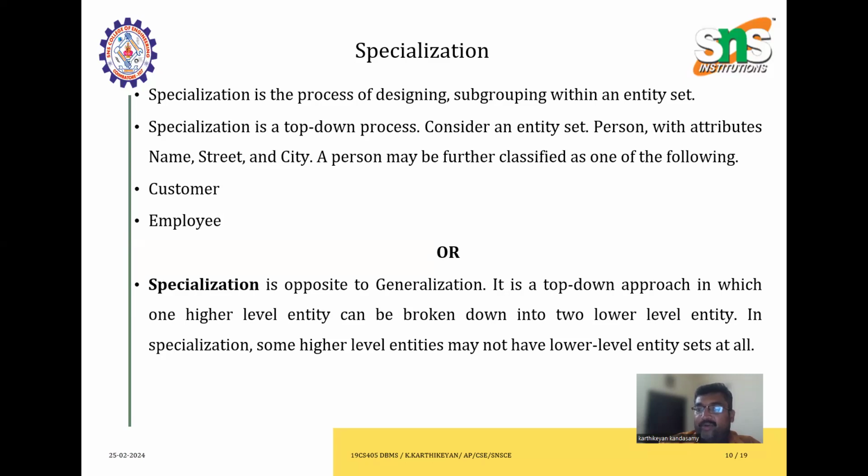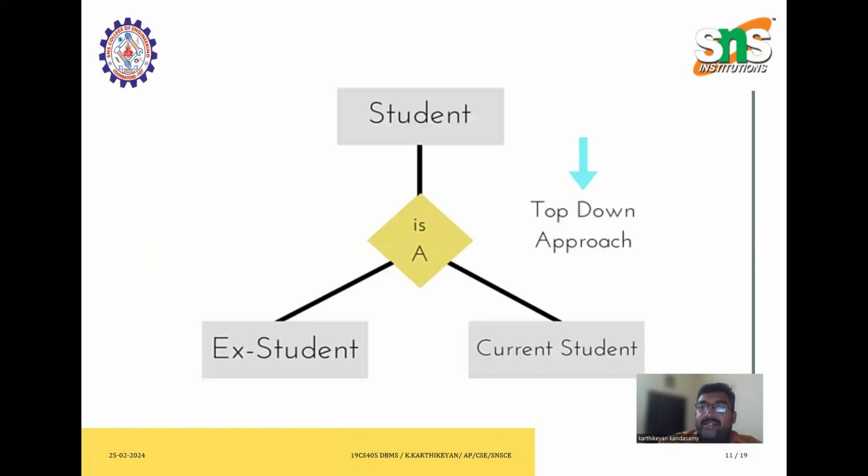It is a top-down approach in which one higher level entity is broken into two lower level entities. In specialization, some higher level entities may not have lower level entity sets at all. This is the top-down approach: student name, next student and current student, based on university or college.